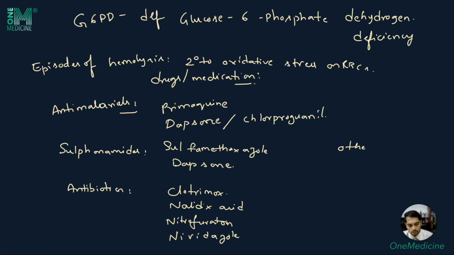Others that are implicated in hemolysis in a patient with G6PD deficiency include naphthalene and methylene blue.